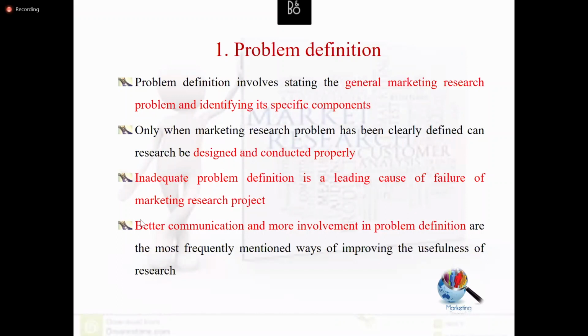So if the problem is defined and communicated, that process will help us make use of the research in a more effective way, right? Through these reasons that have been listed out, we come to know the problem definition is very, very important in the marketing research process, right?